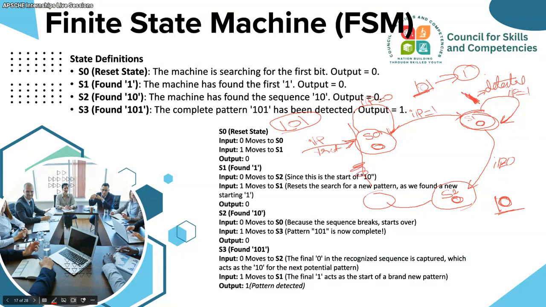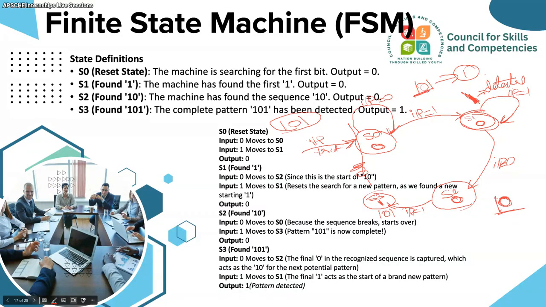I don't want this one. Whenever the finite state machine moves to S3, the output is always 1. That means we reached 101. That means the input is 1.